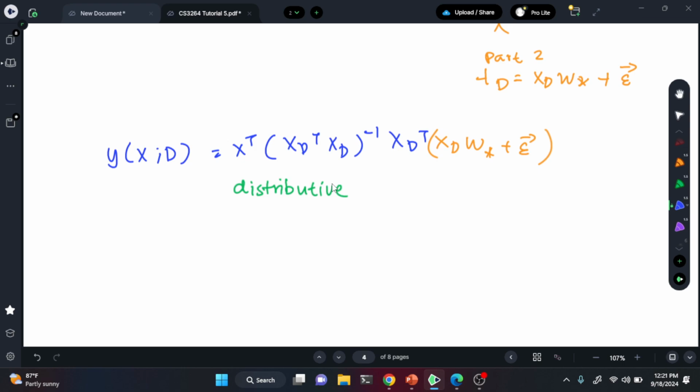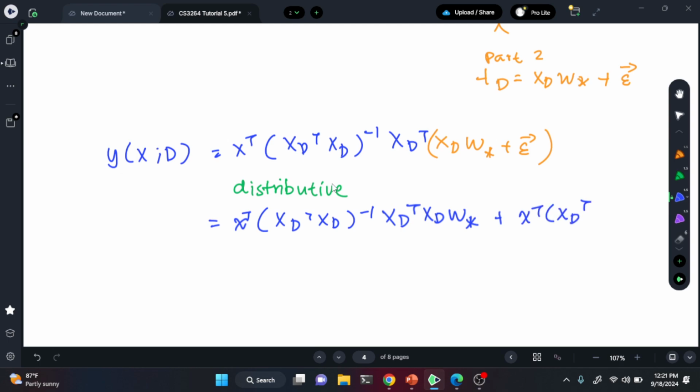When I distribute, this part is just xt, capital Xd t, Xd to the negative 1. I should put this as small x first for ease. Then this one is just capital Xd t Xd w star, plus basically this whole thing.